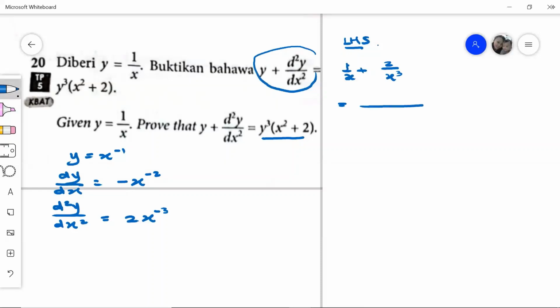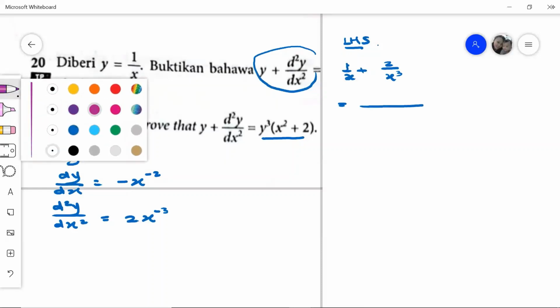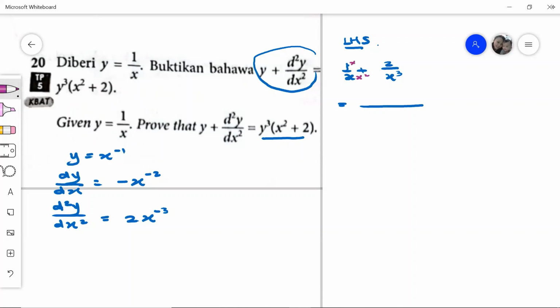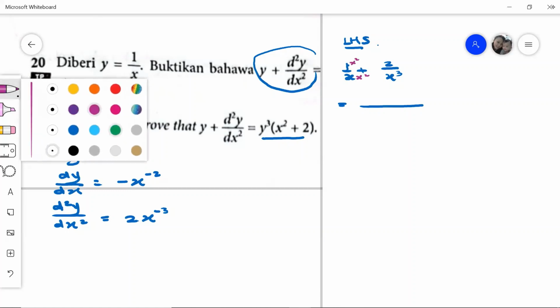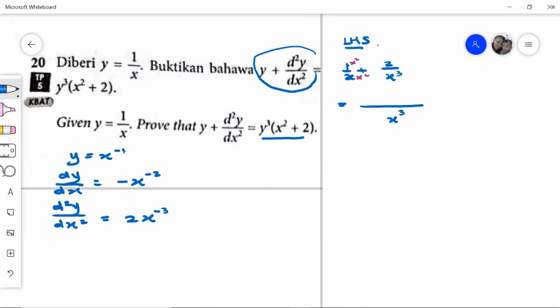So we multiply x squared up and down to the first fraction. So we have x squared plus 2 over x cubed. And after that, we can factorize the 1 over x cubed so that we are left with x squared plus 2.